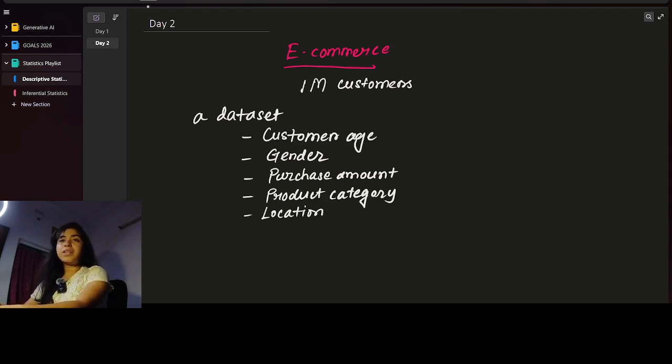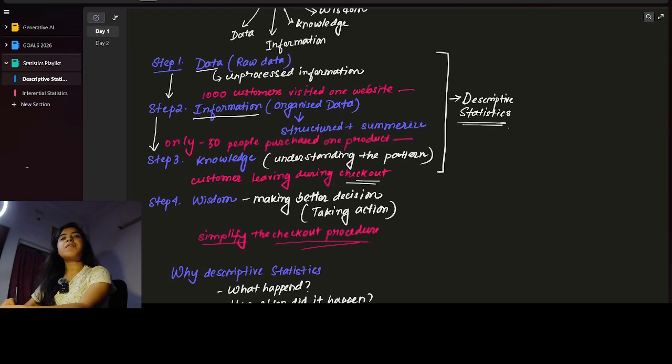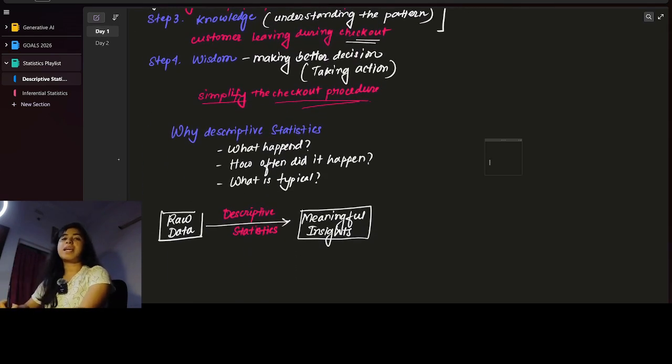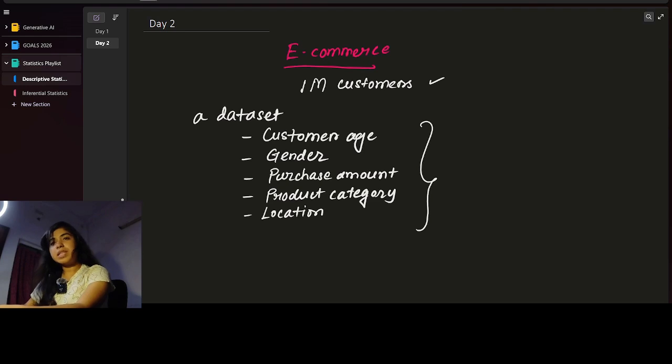Now tell me, can you manually analyze this 1 million customer data based on all these factors? Obviously no. In the previous video we discussed that descriptive statistics converts raw data into meaningful insights. So here also we need descriptive statistics to get meaningful insight.